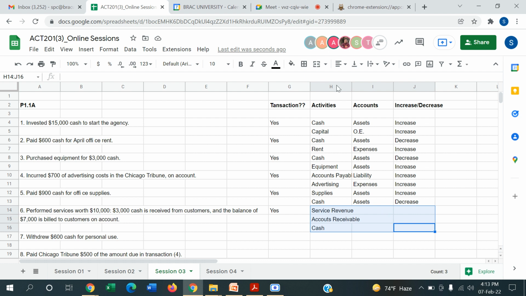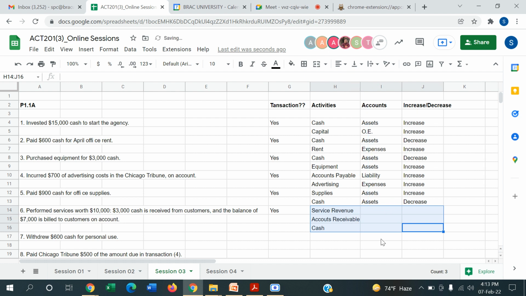One of your friends raised this point in our last session, whether two accounts will be affected by each transaction or not, and we mentioned that at least two accounts will be affected by each transaction. It can be more than that as well.